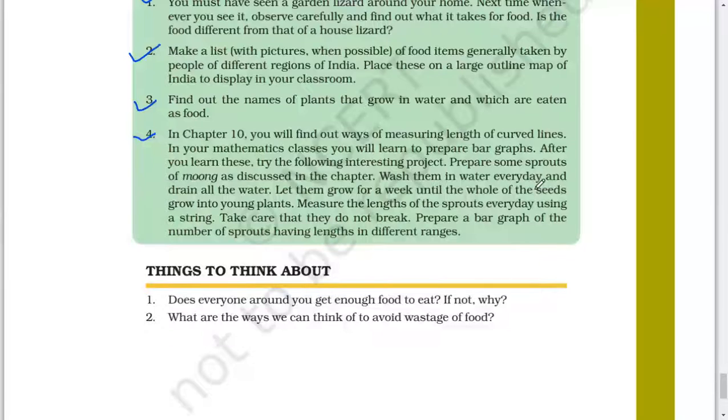Prepare some sprouts of beans as discussed in the chapter. Wash them in water every day and drain all the water. Let them grow for a week until the whole of the seeds grow into young plants. Measure the length of the sprouts every day using a string. Take care that they do not break. Prepare a bar graph of the numbers of sprouts having length in different ranges.